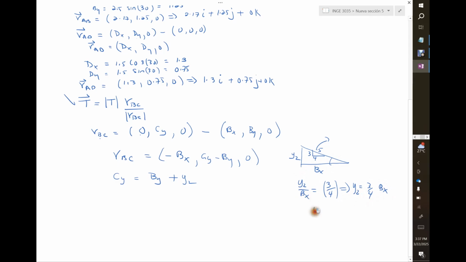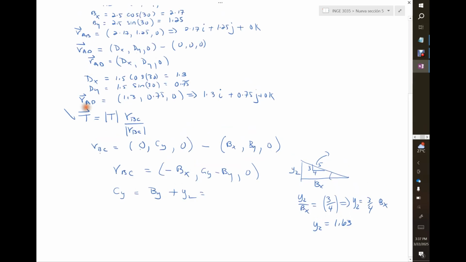And if we do the math, y2 is equal to 1.63. So eventually, in this case, By was right here somewhere, 1.25, plus 1.63, and that ends up being about 2.88. So we got that.